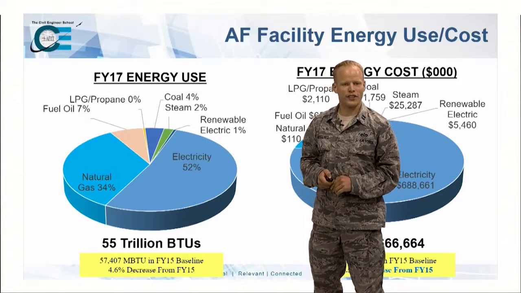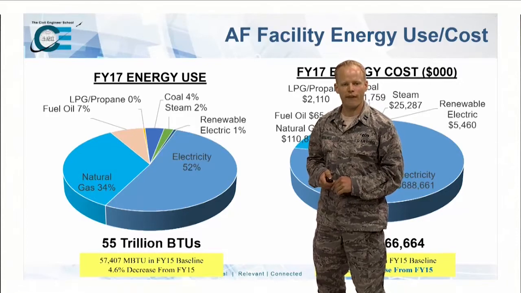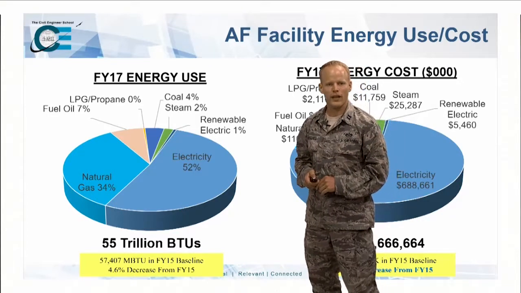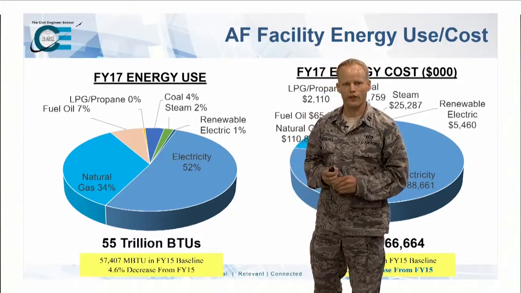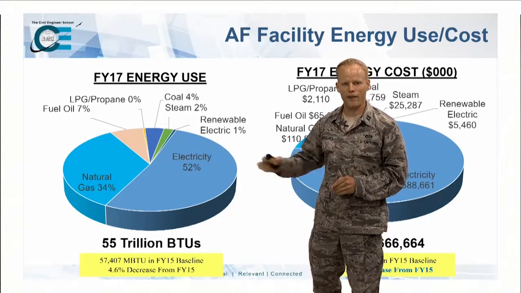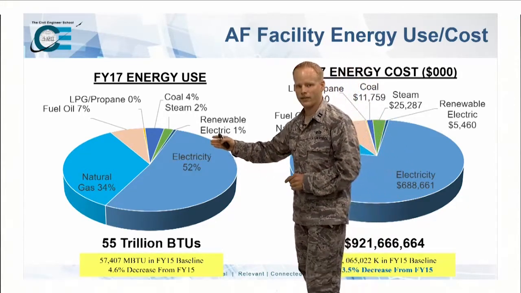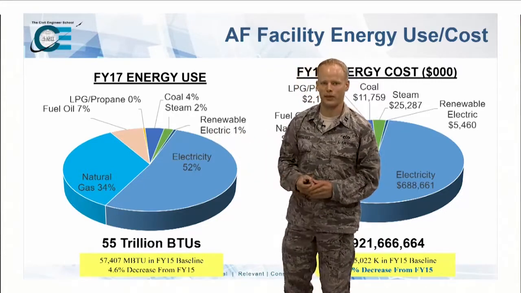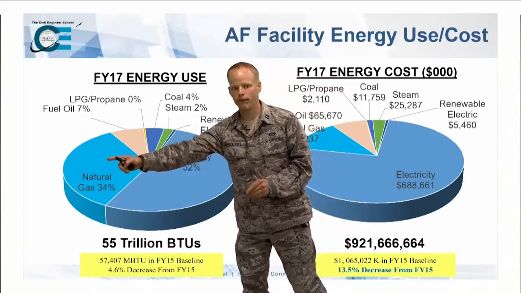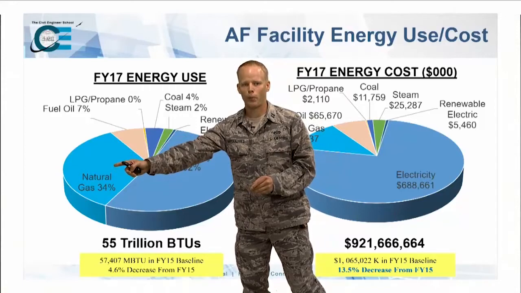So our Air Force facility usage. In FY17, this is our distribution of energy use. We have electricity, 52% of it. Natural gas, as we said, is getting much bigger, is 34%.